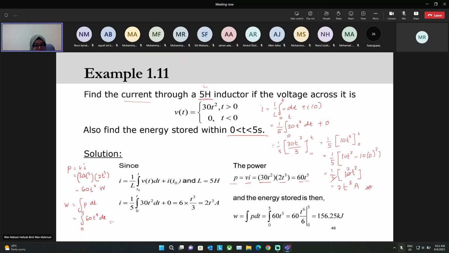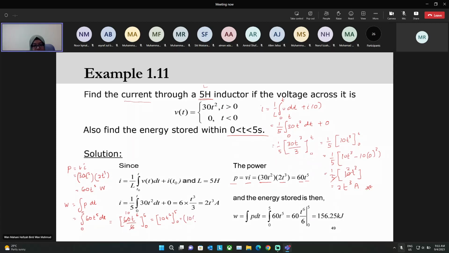So you integrate lah, 60 T kuasa 5, you get 60 T kuasa 6 bahagi dengan 6. Lower limit 0, upper limit 5. So yang tinggal cuma berapa ni? 10 kan? 10 T kuasa 6, 5 kosong.